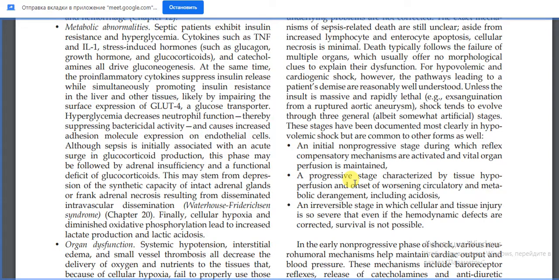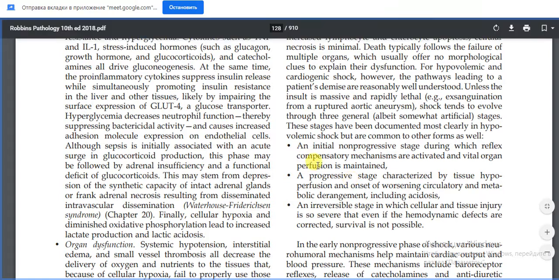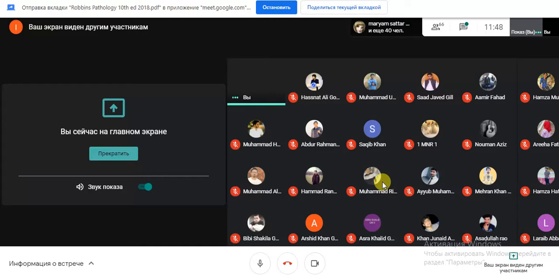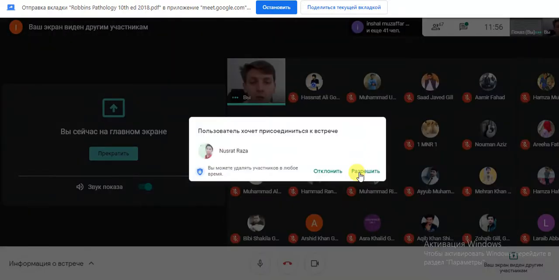It is still reversible, but then comes the irreversible stage, in which cellular and tissue injury is so severe that even if the hemodynamic defects are corrected, survival is not possible. In this condition the patient dies.